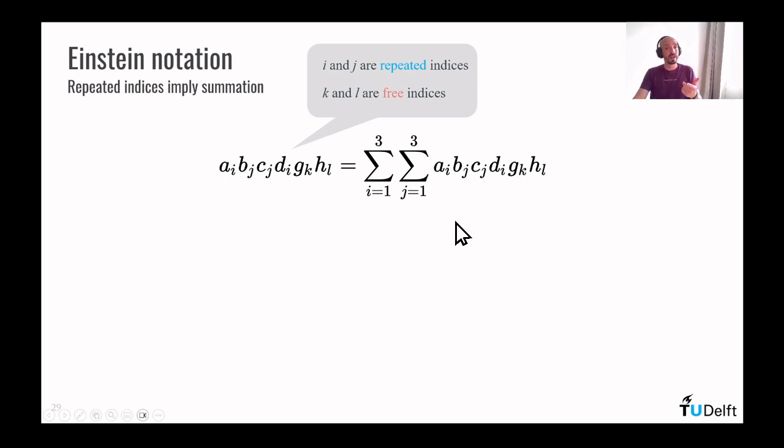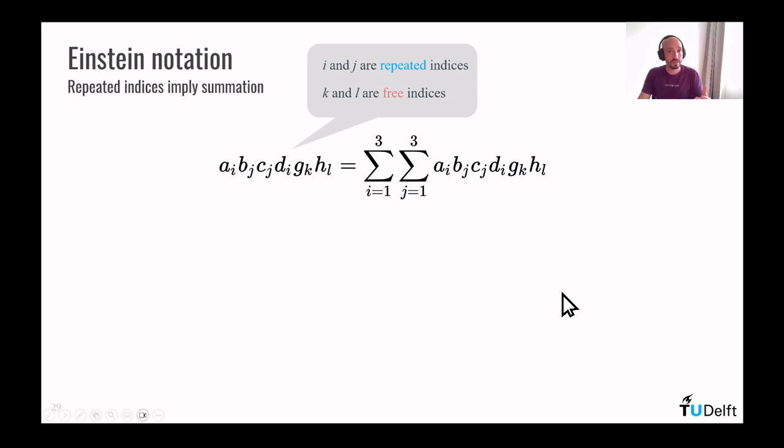Because here I am explicitly saying the dimension that I want, 3 or 6 or whatever. But here I'm not specifying the dimension. And that is one of the things that makes Einstein notation so neat, so compact. It works for any dimension, not just for 3 dimensions.